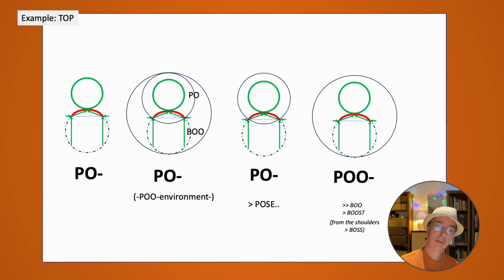This first example of po will easily lead to forms that will come to your mind that fit to po, like pose or position or these kind of things, like poo.